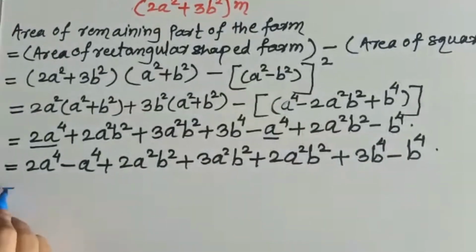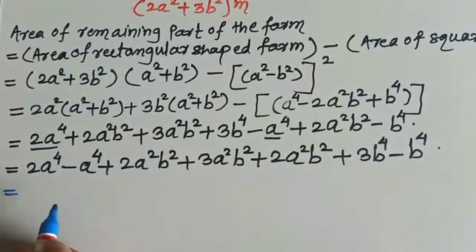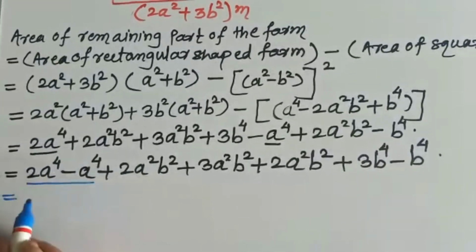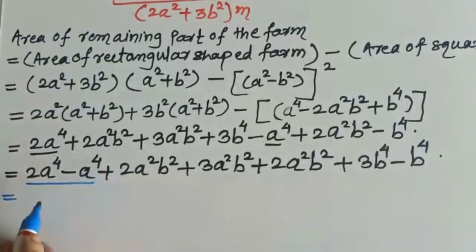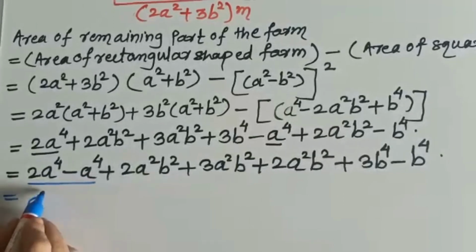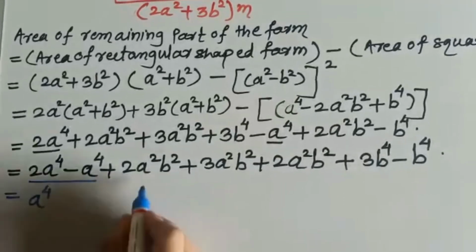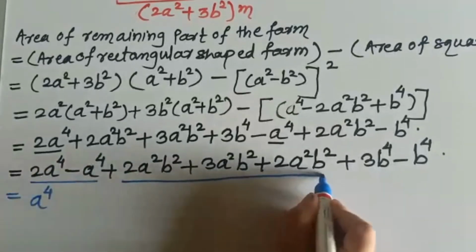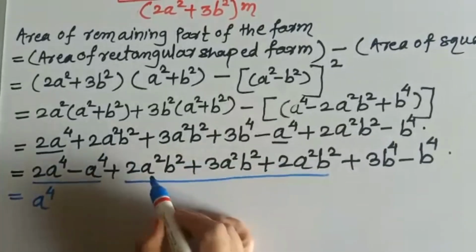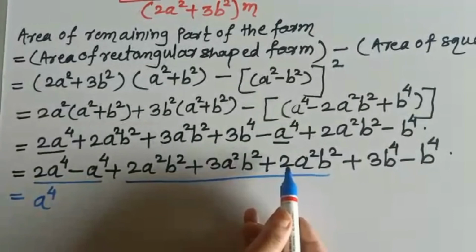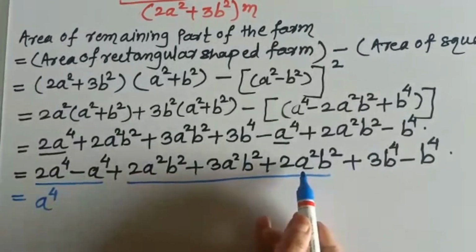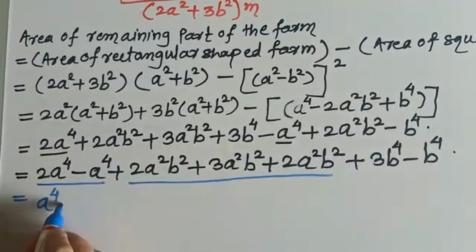Now we will write the sum or the difference of these terms as per the sign they possess. So for this first pair, 2a raised to 4 minus 1a raised to 4, 1 is subtracted from 2, so 1a raised to 4 will remain. Got it? Now for these next 3 like algebraic expressions, all 3 possess a positive sign, so all 3 will add and we give a plus sign.